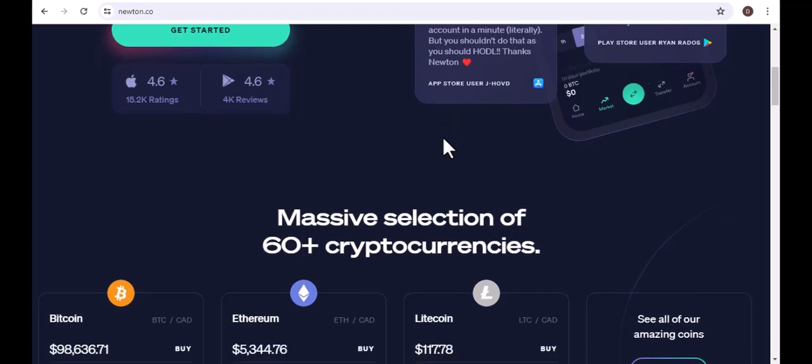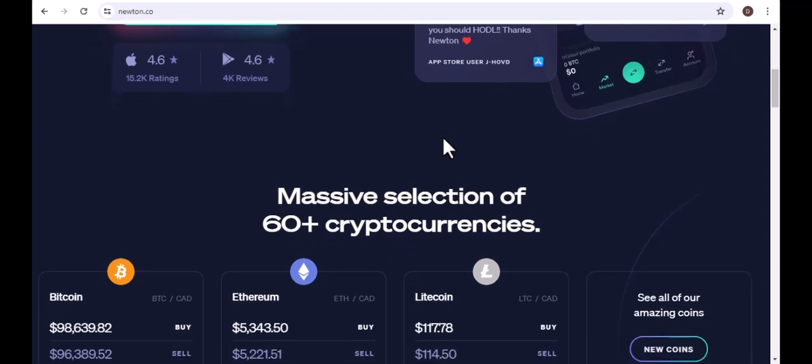Once you confirm the withdrawal, the transaction will be broadcast to the Bitcoin network. Now, here's an important point: Bitcoin transactions aren't instantaneous. They need to be confirmed by the network, which can take anywhere from a few minutes to an hour or more depending on network congestion and the transaction fees included.